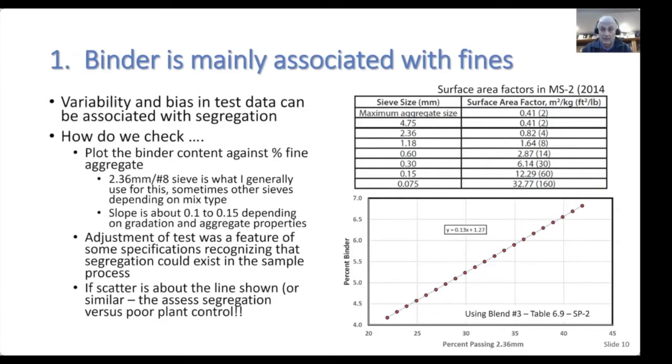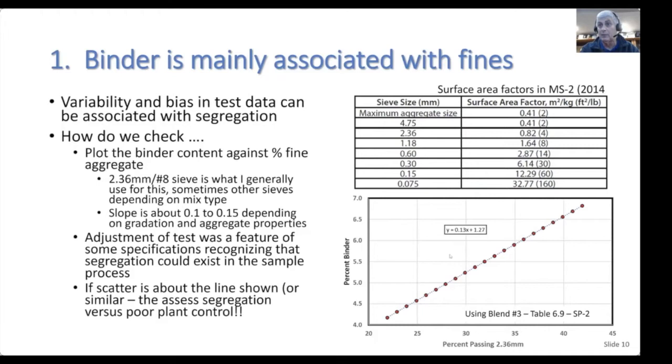In this case, I generally prefer to use a 2.36 millimeter, number 8 sieve. Sometimes other sieves, depending on what's available in the aggregate gradation. If you look at this plot here, this plot has been generated from surface area factors, and you can see percent binder versus percent passing 2.36.